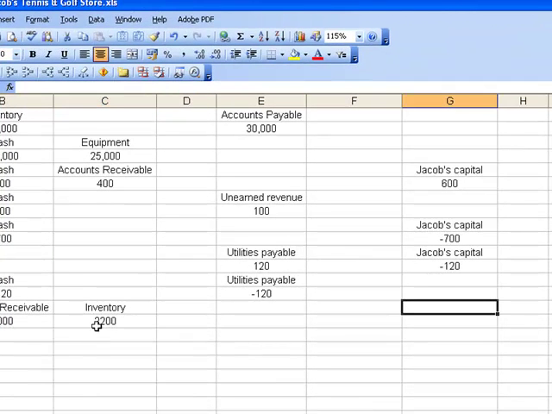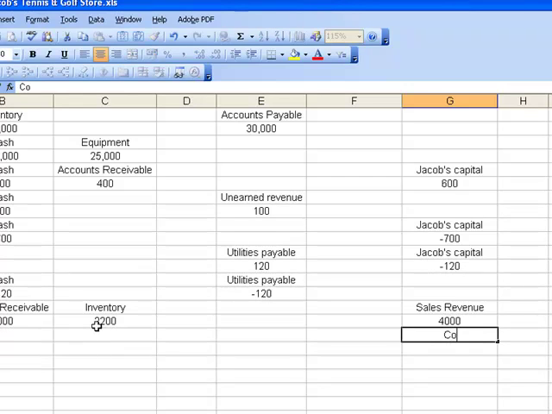We input the sales revenue in Jacob's capital, and let's label it as a sales revenue. So in total it was a 4,000 increase, and we also recognize the cost of inventory as a cost of goods sold, which equals the worth of inventory that we have sold.